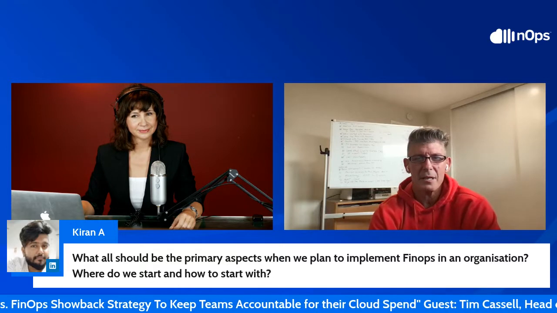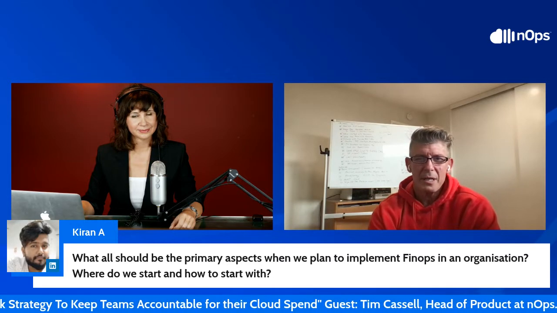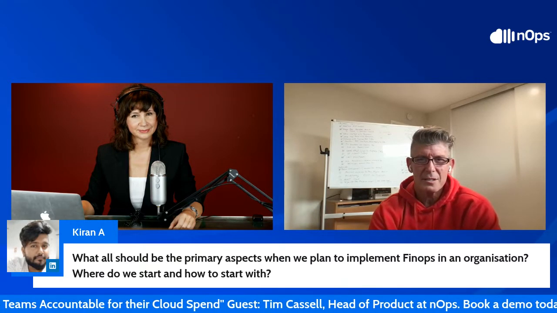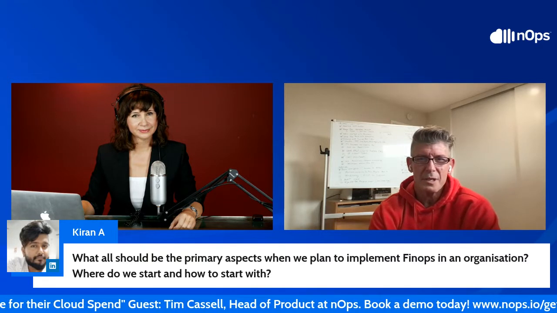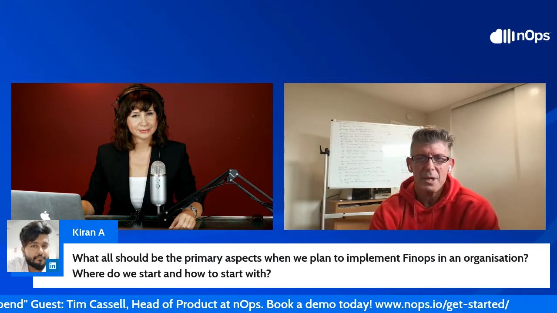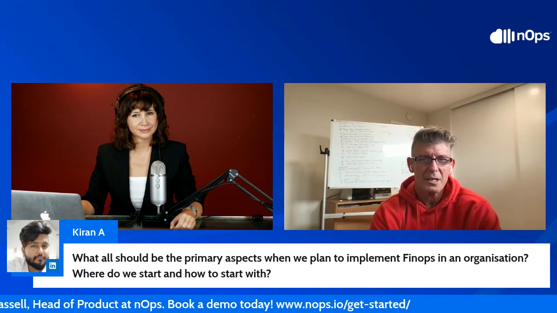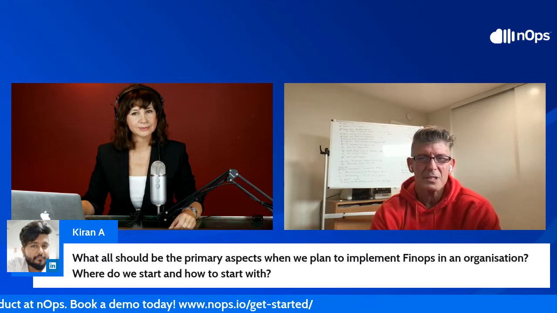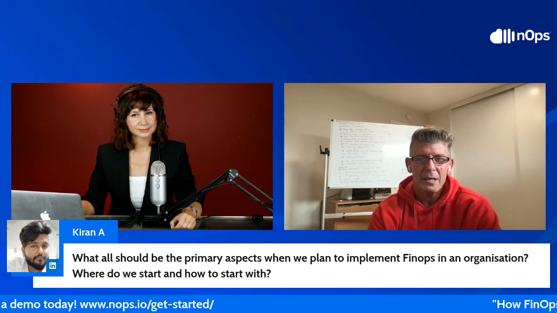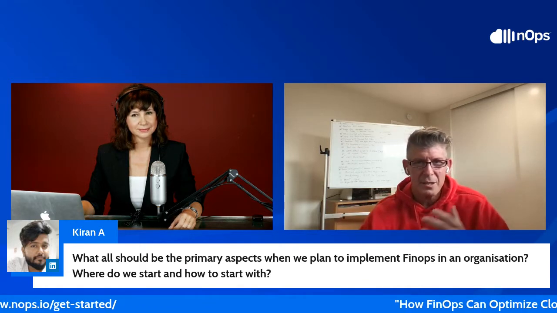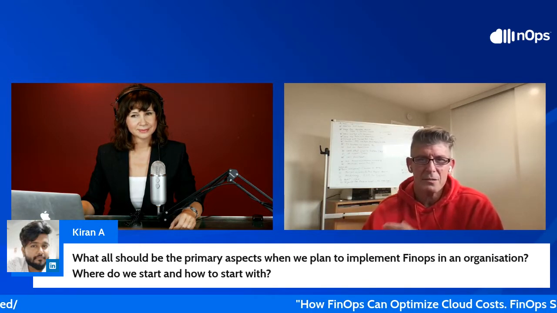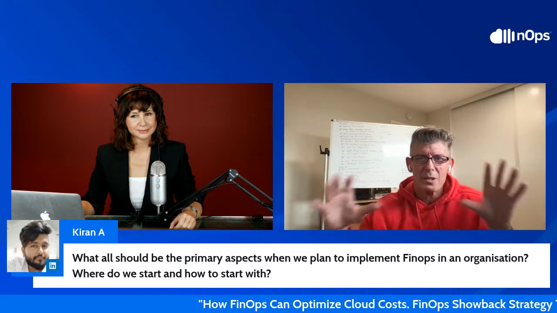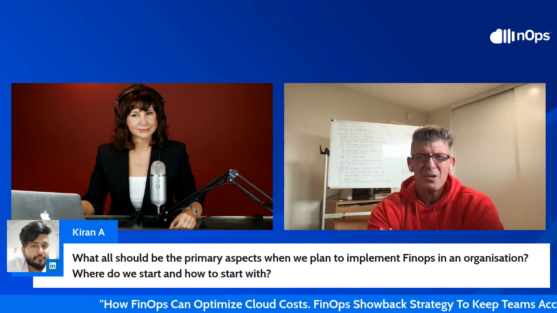Getting the data correct. The first thing is identifying what are those key items that you want to be able to see your cost in, and it should tie to what your business does. Individual teams may use tags to do other things, but don't go crazy, guys.